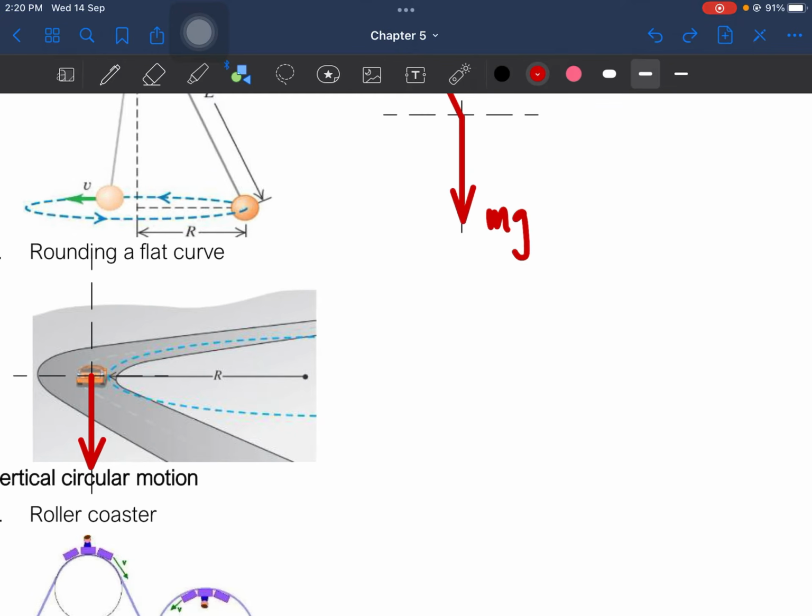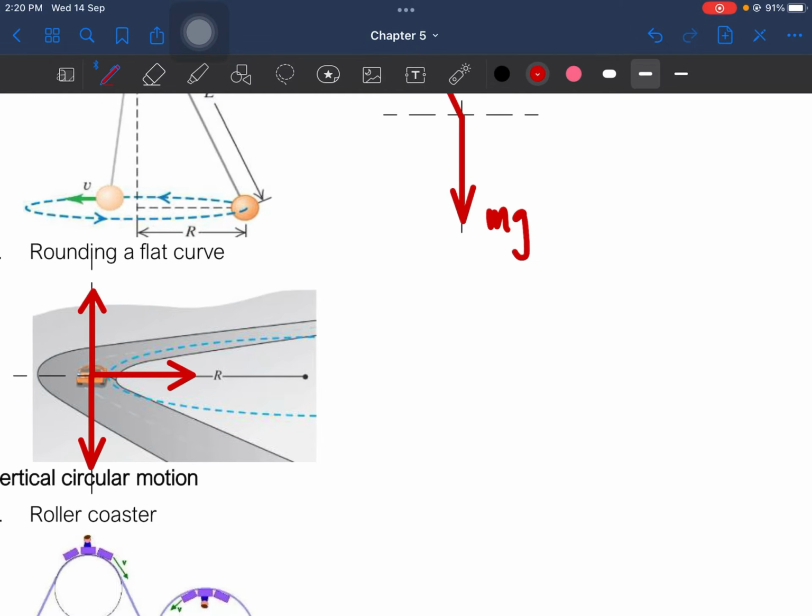Then we have the normal force because the tire is in contact with the road. And the ability of the car to round the flat curve is due to what we call static friction. So there is static friction between the road and the tire. We put the static friction here, towards the center of the circle.